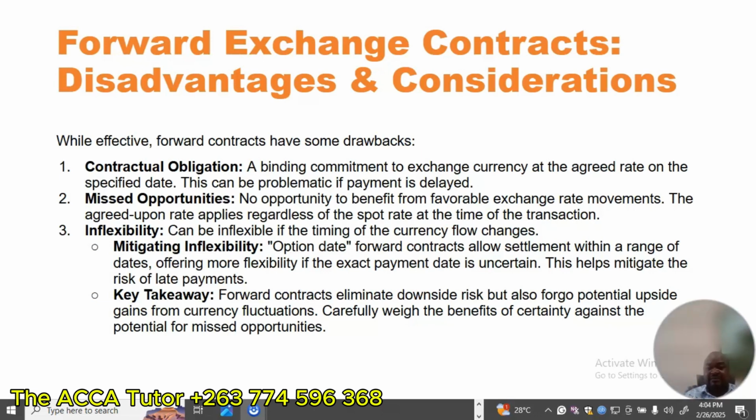Mitigating inflexibility. Option date. Forward contracts allow settlement within a range of dates, offering more flexibility in the exact payment date. If the exact payment date is set, this helps mitigate the risk of late payments.